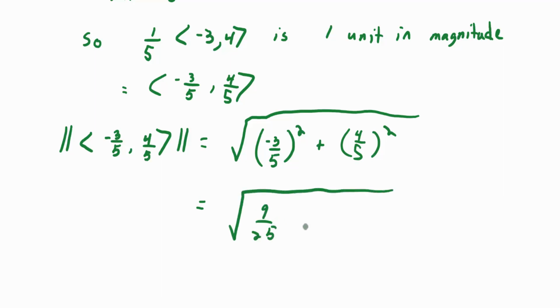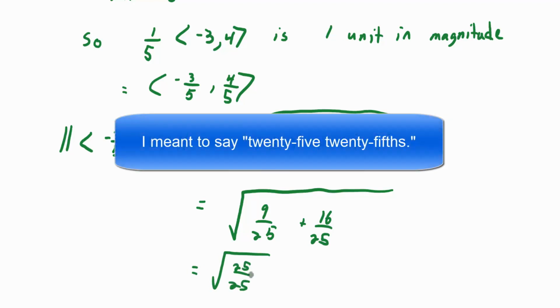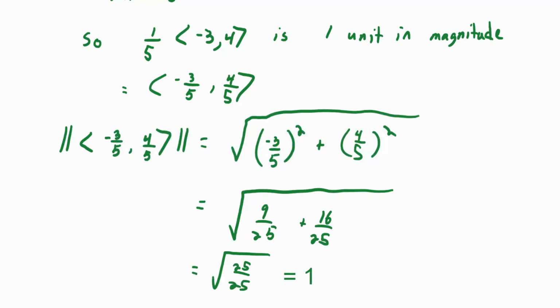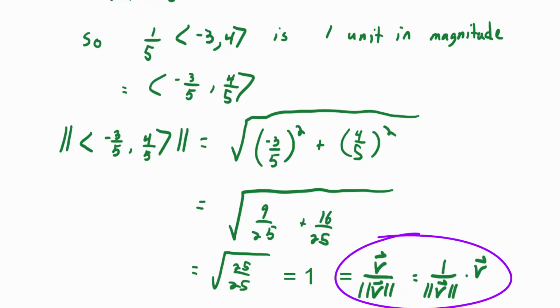Underneath the radical, you get 9 over 25 plus 16 over 25. Of course, that adds up underneath the radical to 25/25, which is 1, and the square root of 1 is, of course, 1. So for this particular example, we showed that when you divide v by its magnitude, you get a vector of length 1. And that's what this formula says.